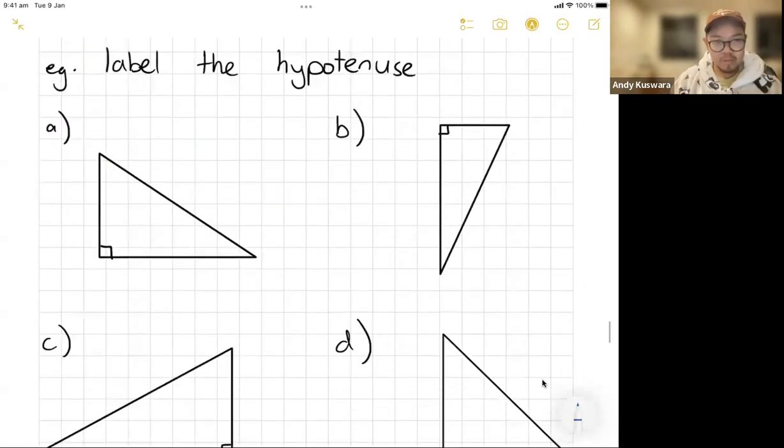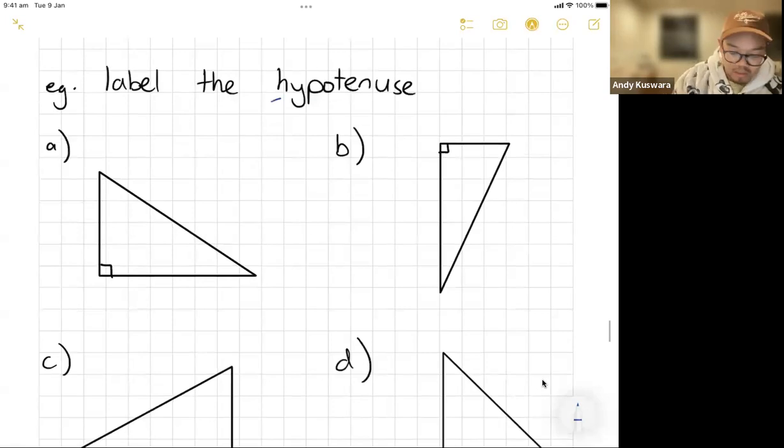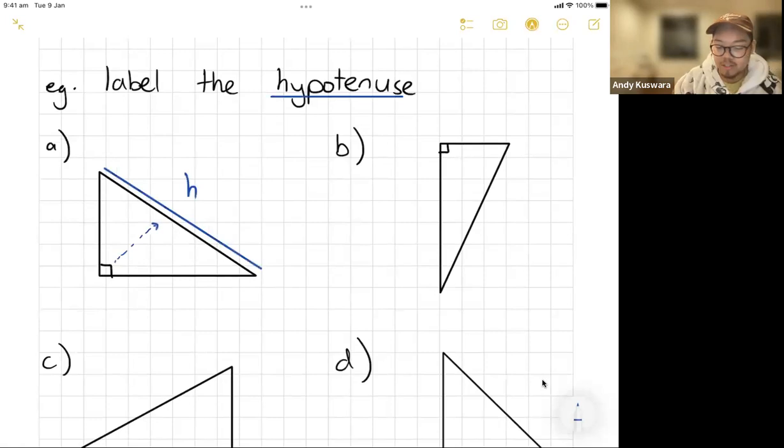Okay, so we're labeling the hypotenuse here, and just don't forget the hypotenuse is the longest side, and the easiest way to find it is it's going to be opposite my right angle. So that there is my hypotenuse. I'm just going to label it as H. Again, very similarly, there's my right angle, my opposite.